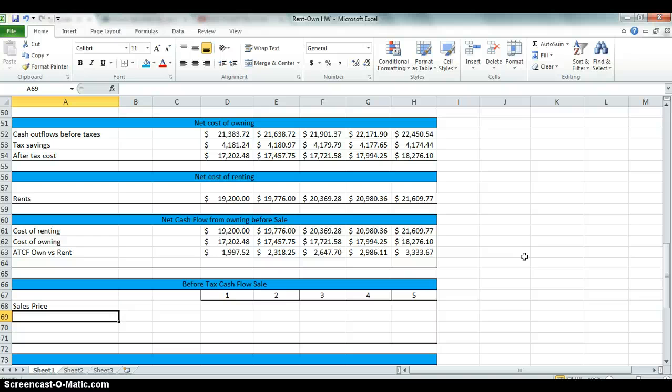We're going to need our selling cost. We're going to do mortgage balance, which we already have also. And finally, our benefit from sale on rent versus own.